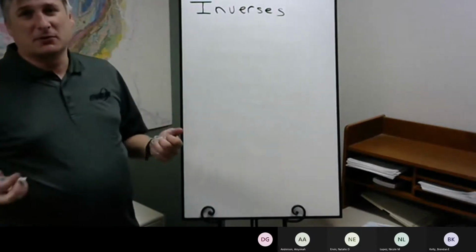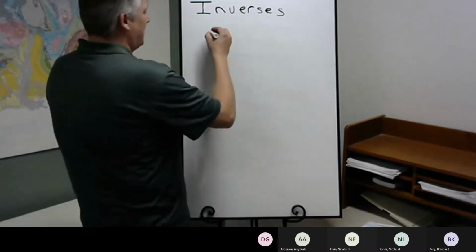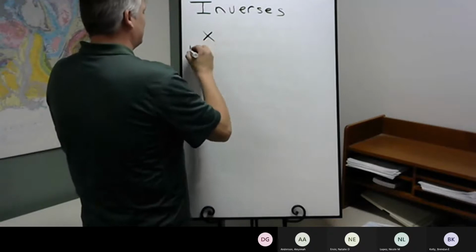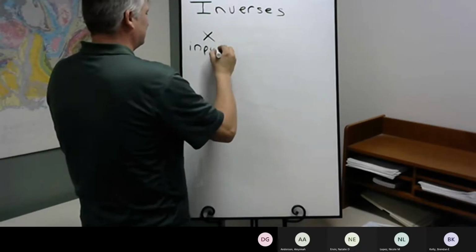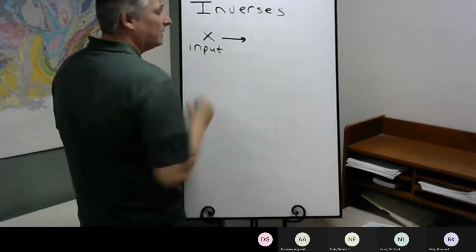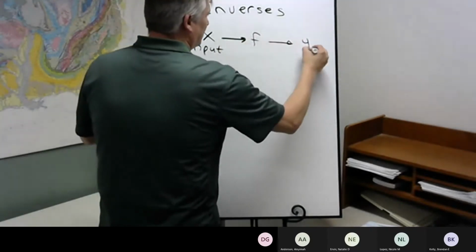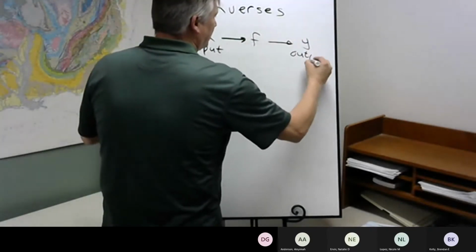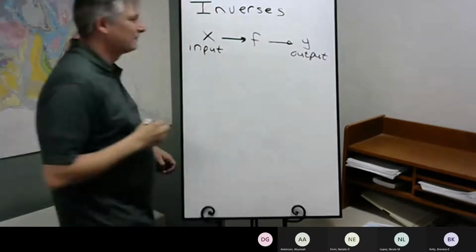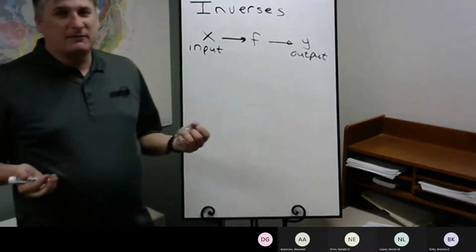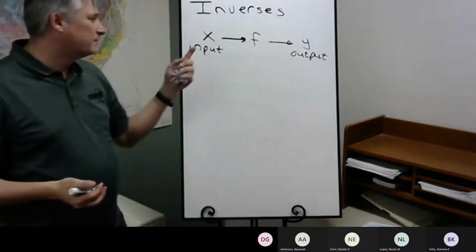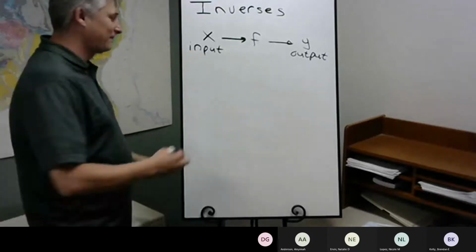And so the idea of an inverse goes like this. So you have an input x. It goes into a function f. And then you get an output y. So the thing about an inverse is, what if we want to go the other direction?